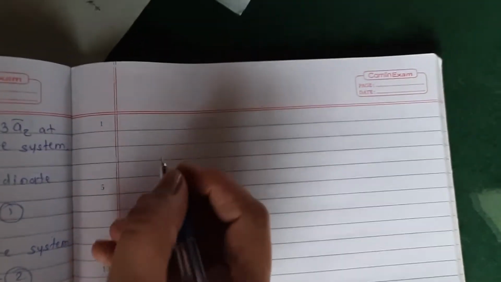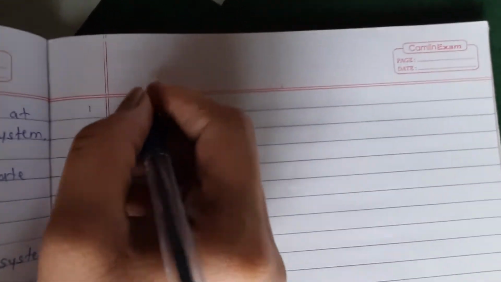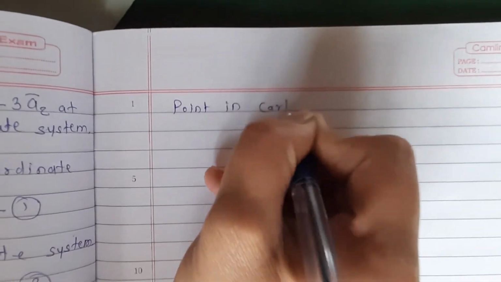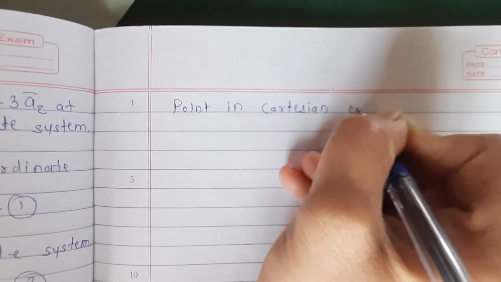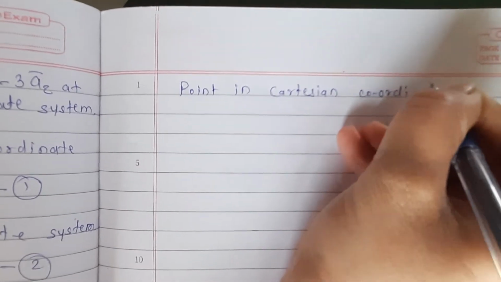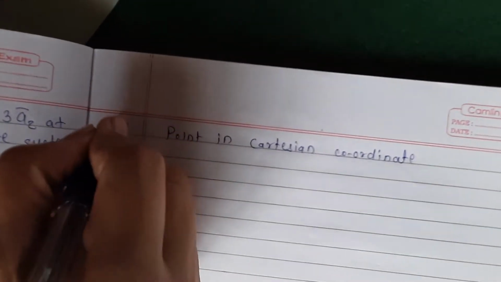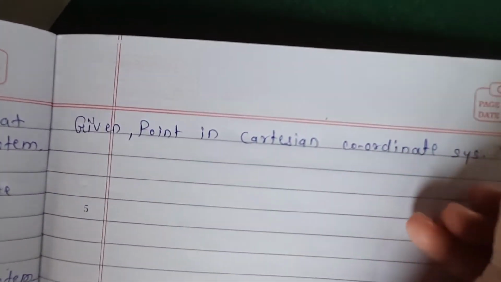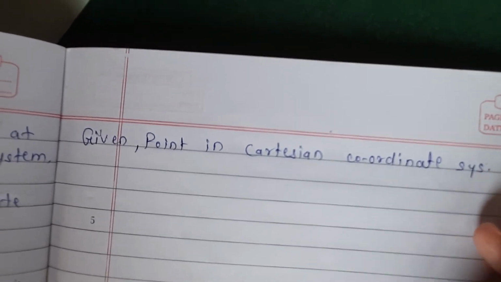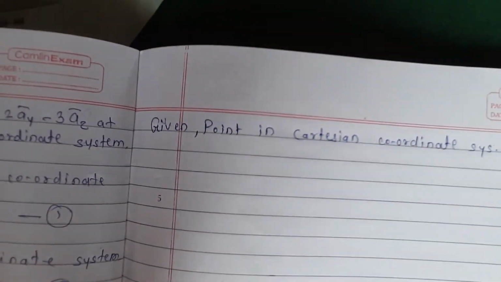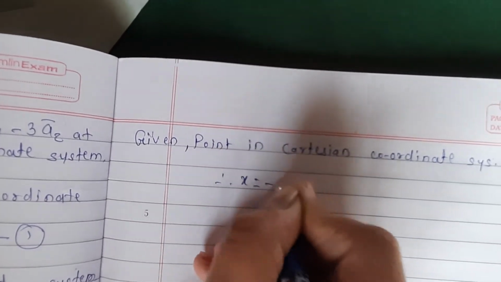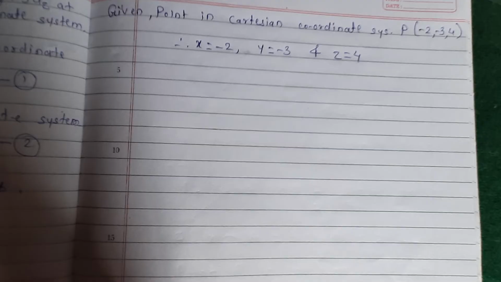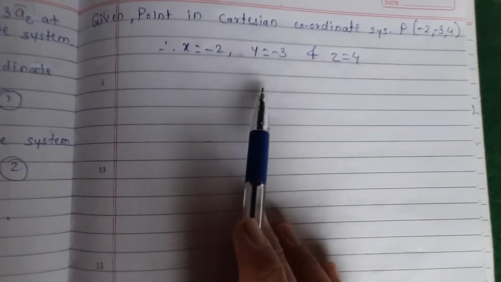The point in the Cartesian coordinate system is P(minus 2, minus 3, 4). Therefore x is equal to minus 2, y is equal to minus 3 and z is equal to 4. So these are the values of x, y and z.